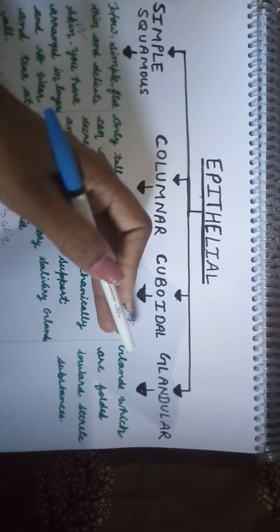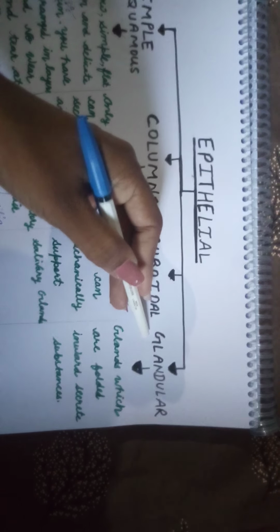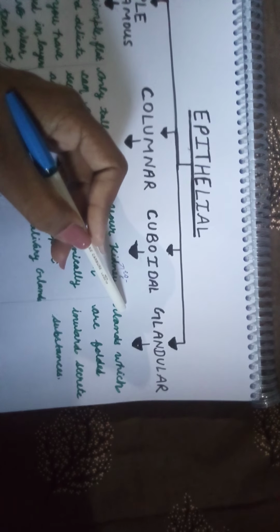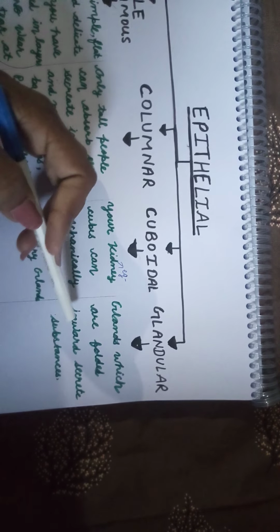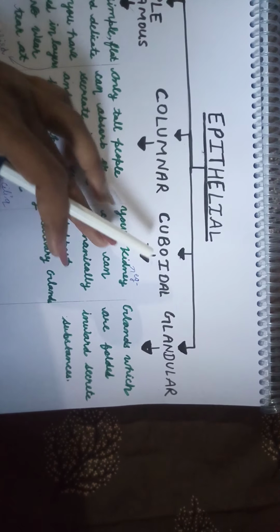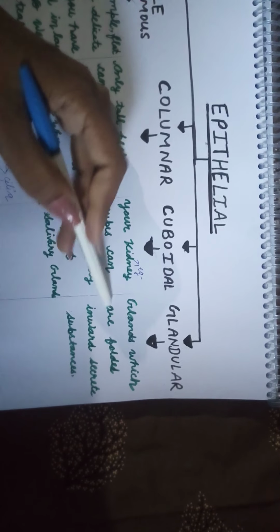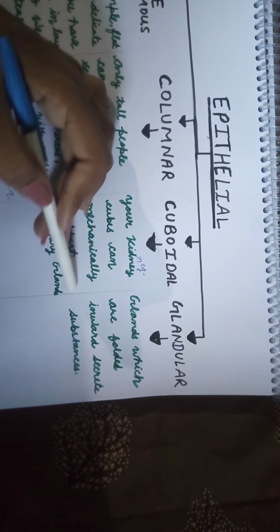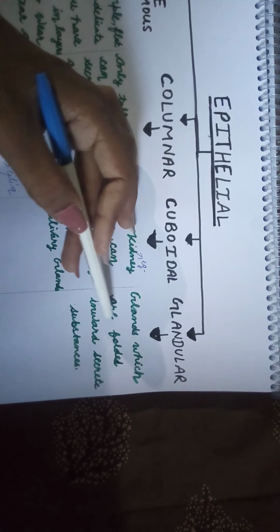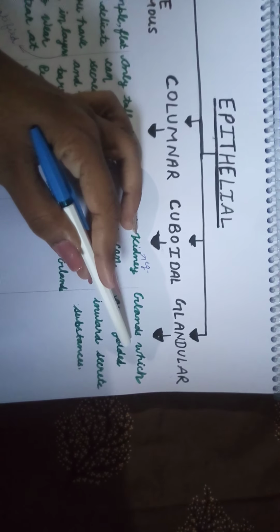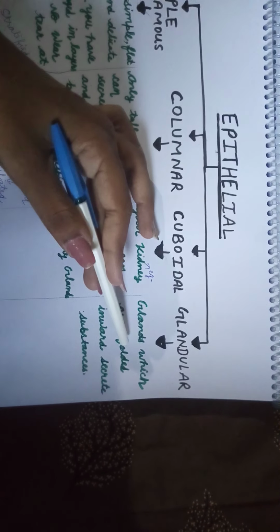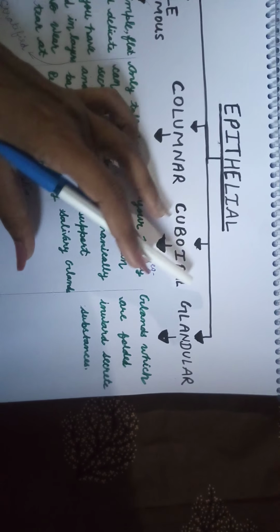Okay. The last one is glandular epithelial tissue. The sentence is: glands which are folded inward secrete substances. That means sometimes a portion of epithelial tissue folds inward.